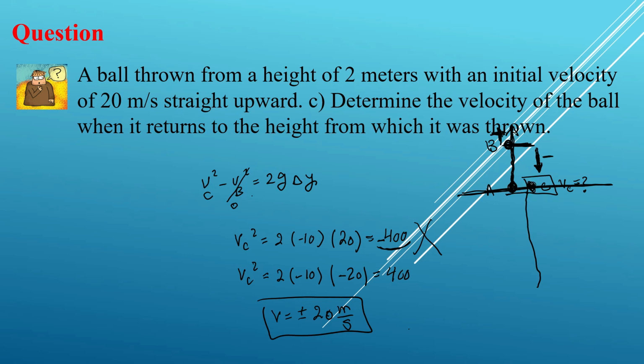Now my ball reached the point that is in the negative direction, right? So my y is going to be negative and the velocity is going to be negative, right? So the right answer for v is minus 20 meters per second, because my direction is downward right now.